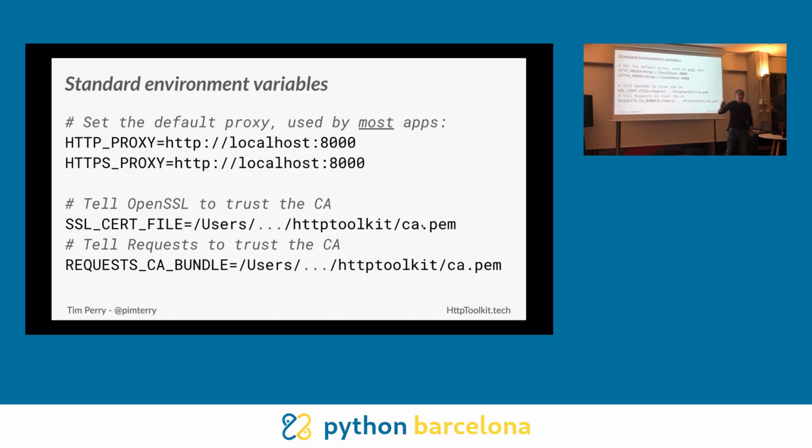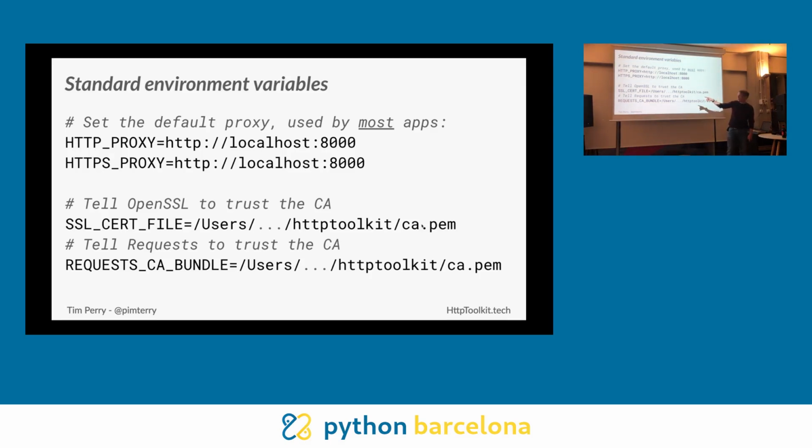And then I need to somehow make it trust the certificate authority. And there are some environment variables that help a bit with that. So for anything using OpenSSL, which is a widely used SSL library, TLS library, for certificate management, there is an environment variable, and if it's set, it will trust the certificate authority specified in that variable.